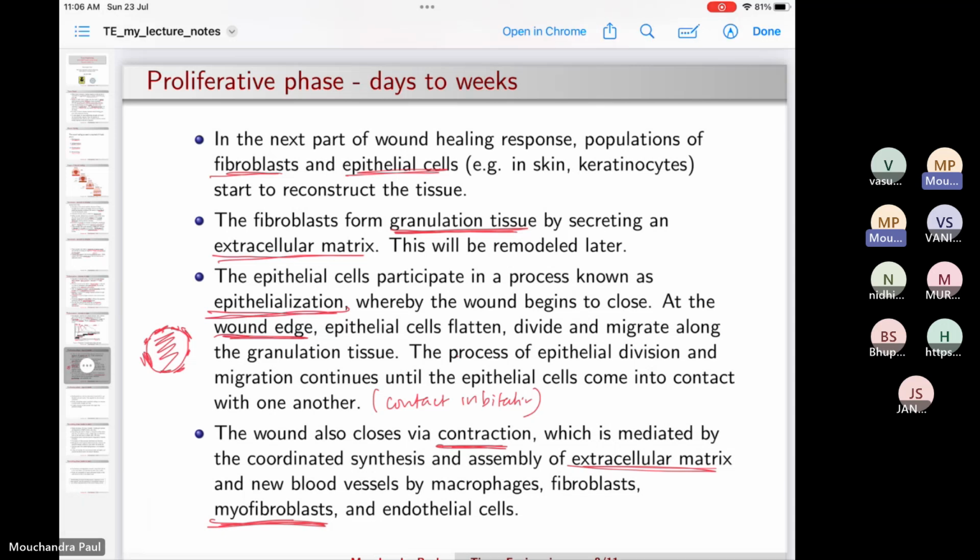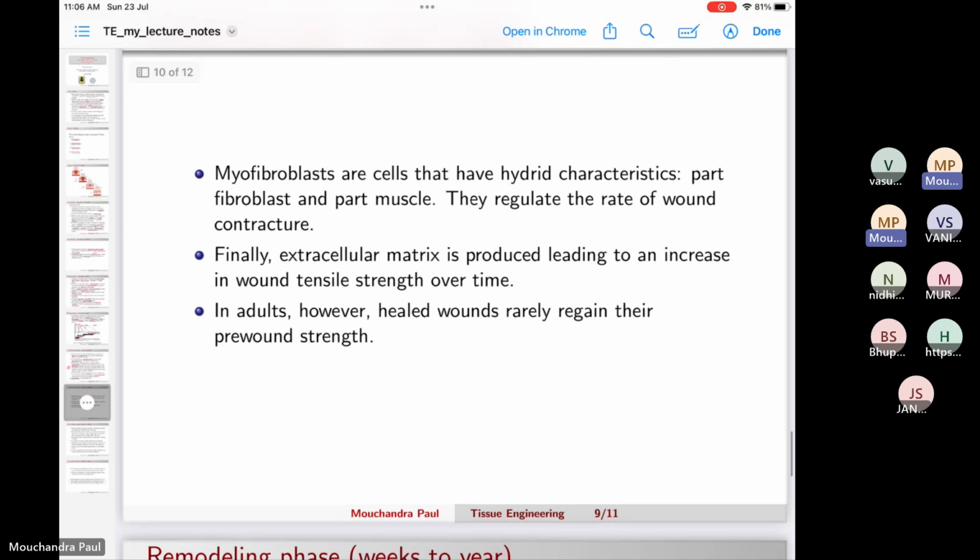So these are also helping to close the wound. But if you say contraction, like if you close your palm, or muscle contraction, if that kind of thing happens, then the main cell population involved is the myofibroblast. The myofibroblasts are hybrid. They show the characteristics of both fibroblast and muscle.